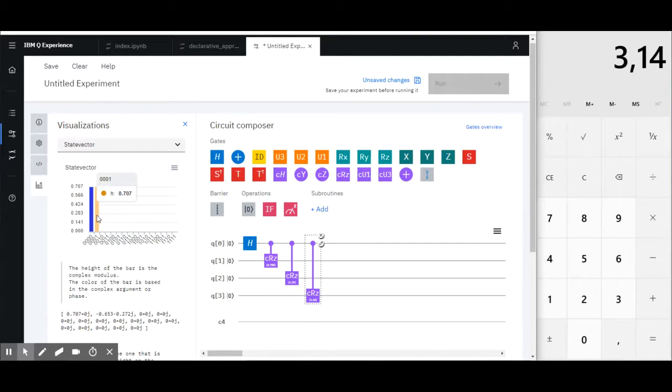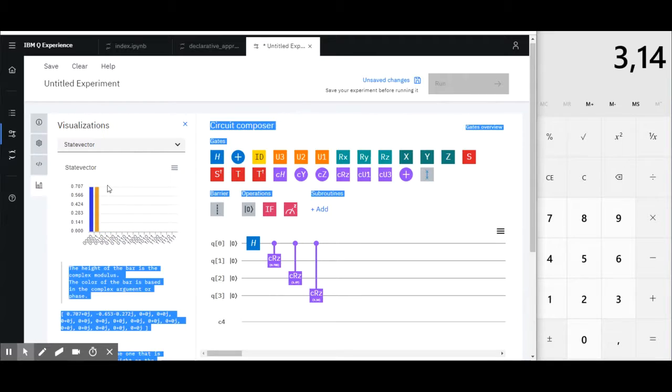No, it's not. Doesn't feel right. 0 should be 0, so this should be blue, right? Why is it not blue?